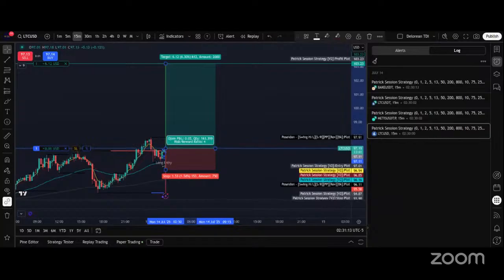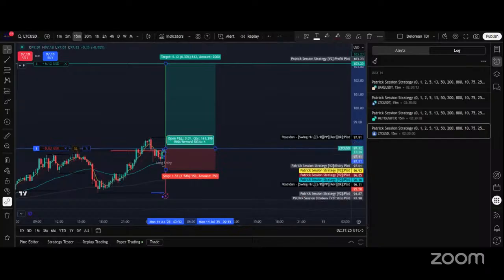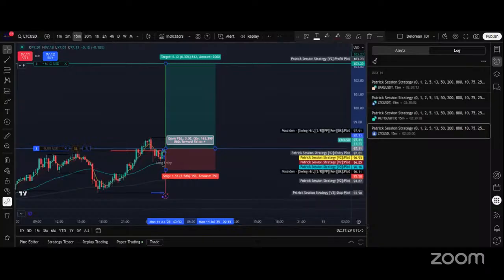All right, here we go. This is Litecoin, LTC, USDT, 15-minute confirmation, market execution buy. Risk reward ratio is going to be a perfect 4.00.